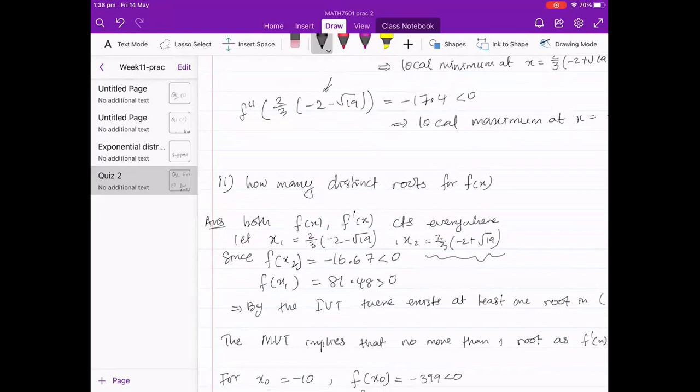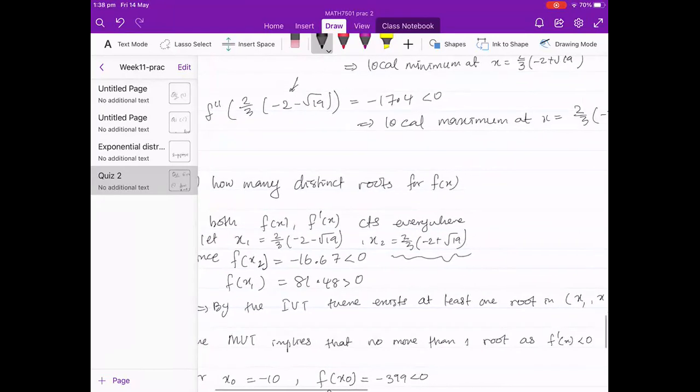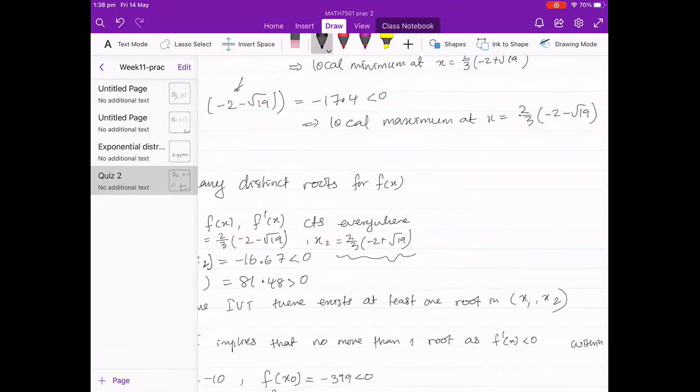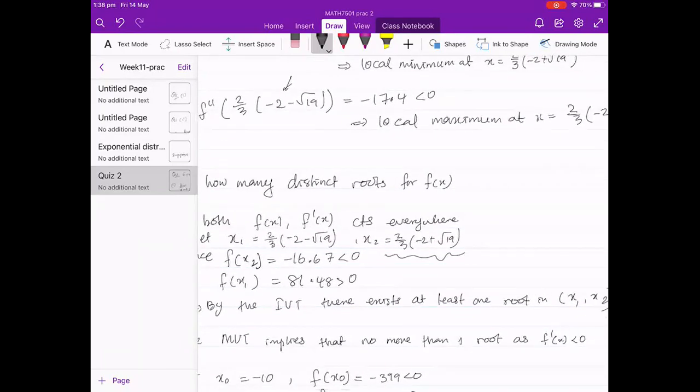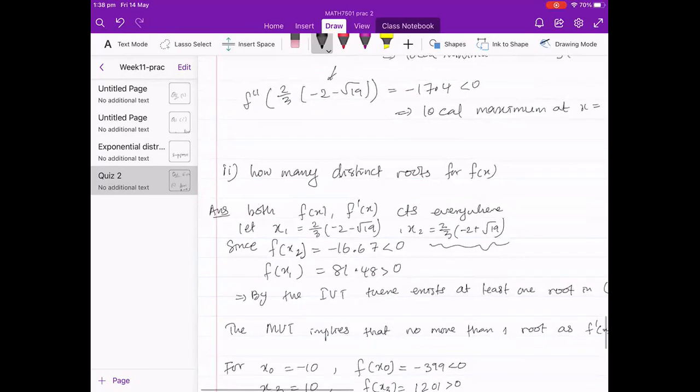For x2, I got f(x) negative, and for x1, f(x) is positive. So by the intermediate value theorem, there exists at least one root in the interval x1 to x2. But by the mean value theorem, there is no more than one root, as f dash is negative in the interval.